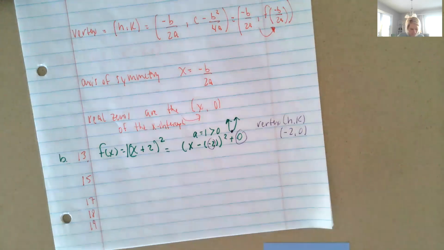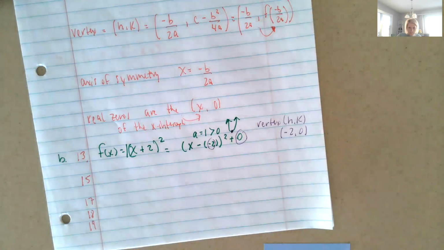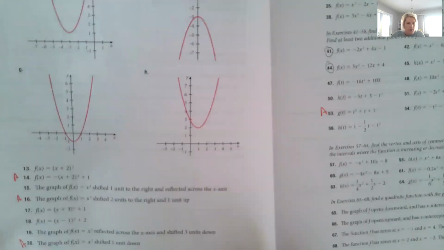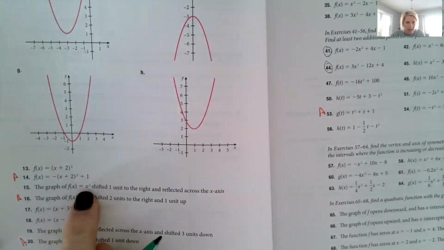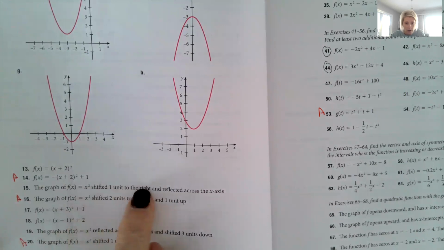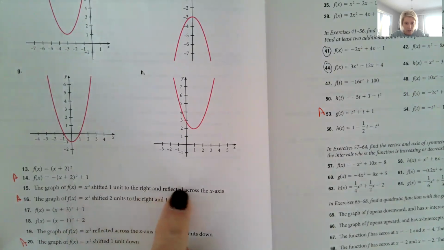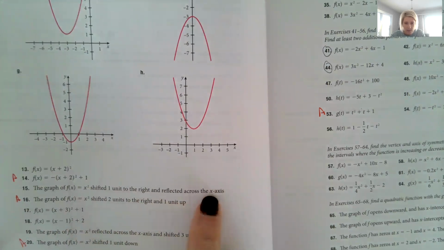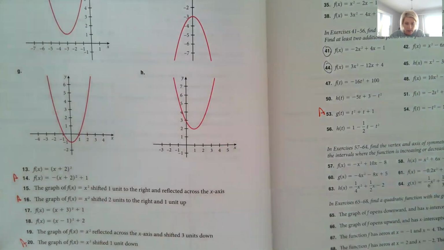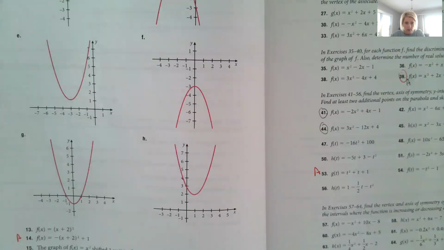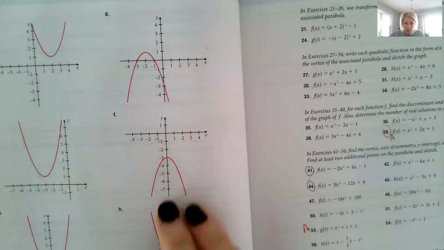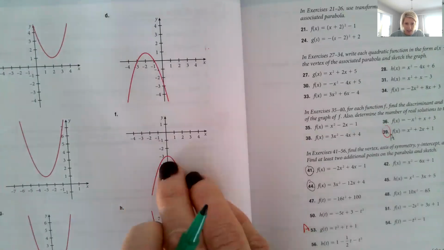Now, let's look at number 15. 15 says, the graph of f of x equals x squared, our base graph, shifted 1 unit to the right and reflected across the x-axis, which means it's going to be face down and shifted 1 unit to the right. So face down, so it's not G and H, it's not E. F is face down, but it's not shifted left or right, it's shifted down.